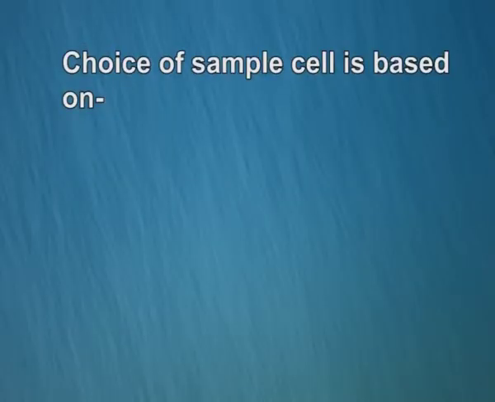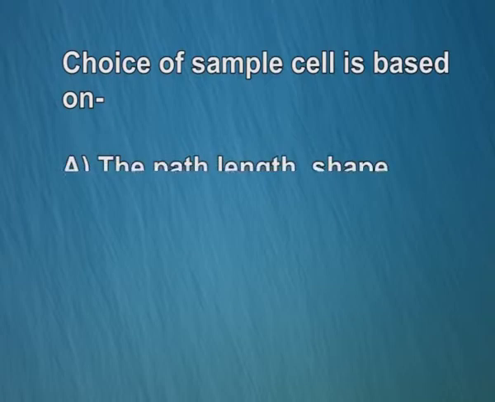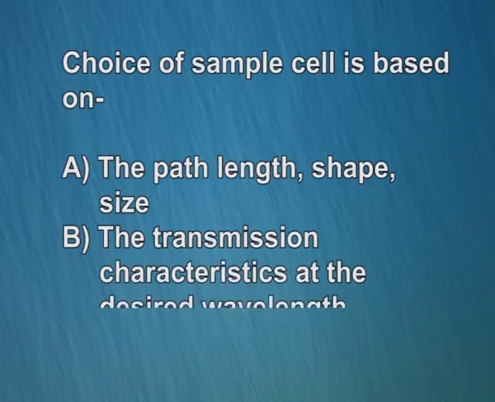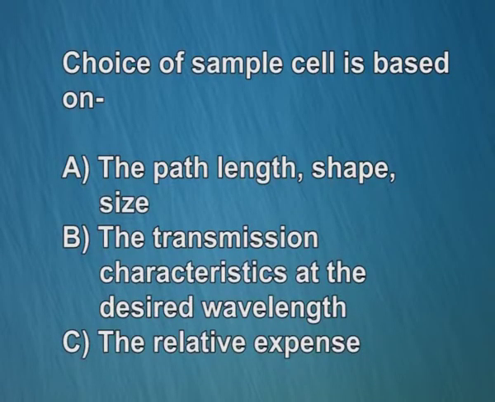Third is the sample compartment or absorption cell. A variety of sample cells are available for the UV region. The choice of sample cell is based on the path length, shape, size, the transmission characteristics at the desired wavelength, and the relative expense.